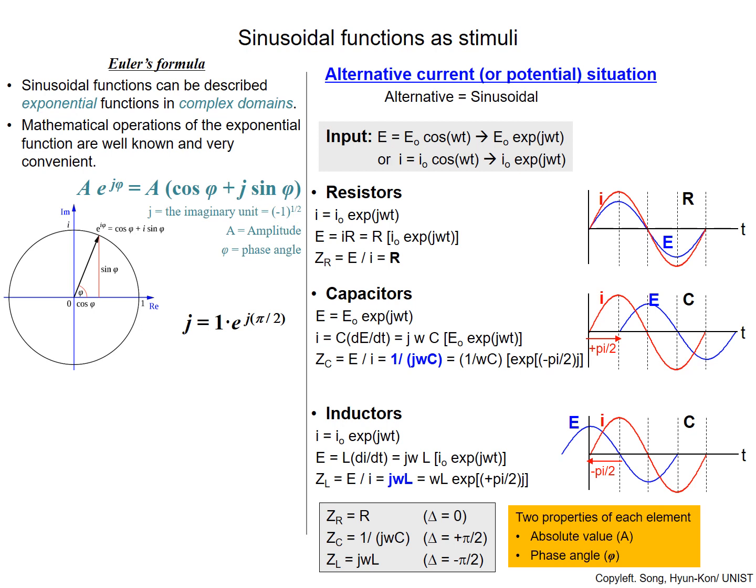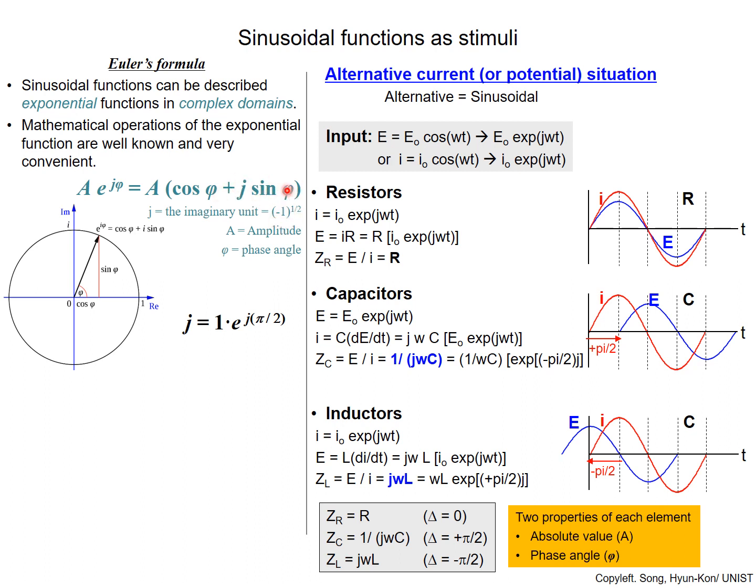One more thing, I could say sinusoidal functions are great in terms of convenience for mathematical operation, because we have Euler's formula. Sinusoidal functions can be described by exponential functions in the complex domain. Look at that: amplitude times the exponential function of imaginary unit with phase angle can be described by amplitude times cosine phi plus j sine phi, where j indicates root minus 1.